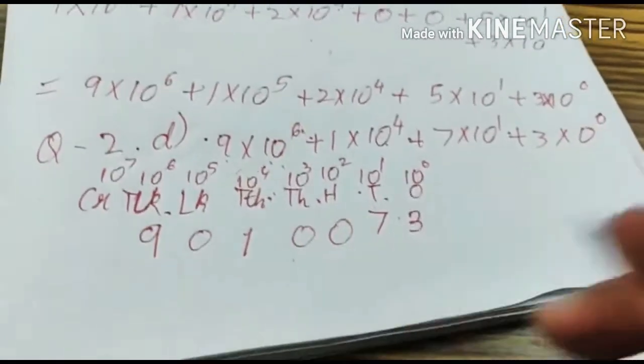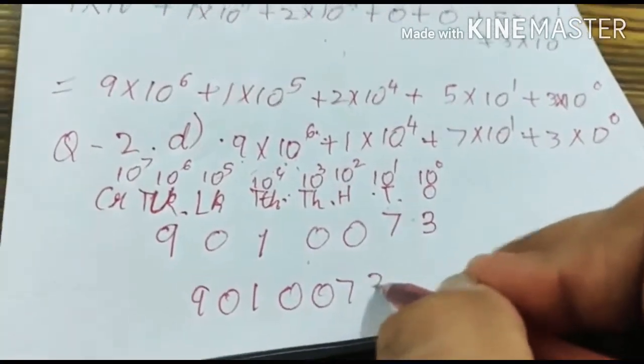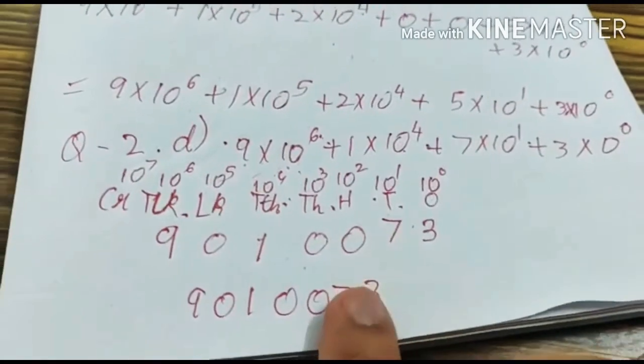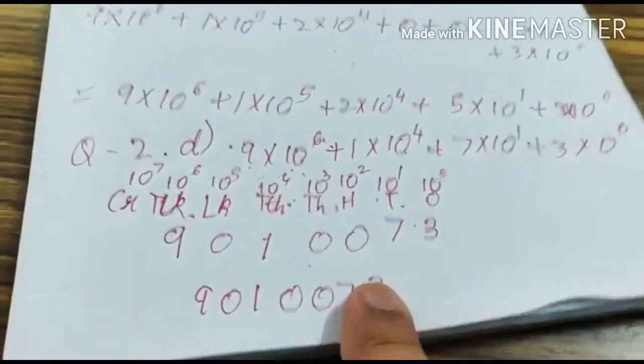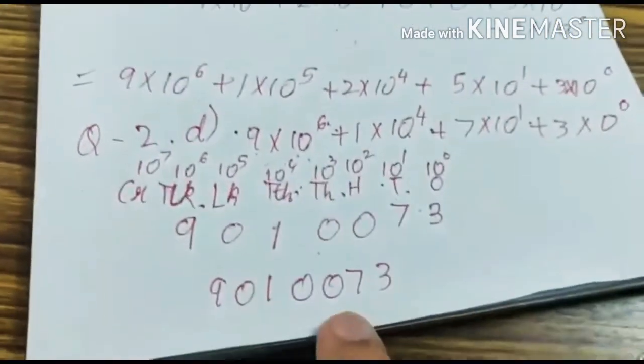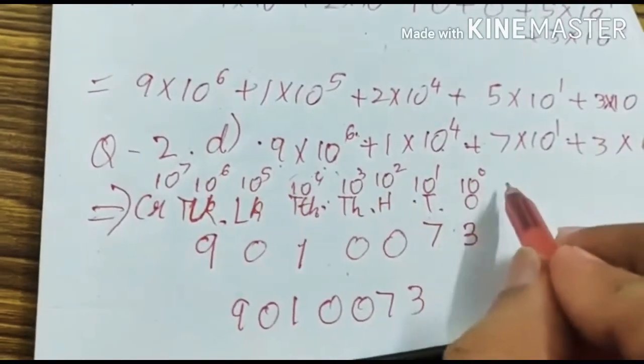So our answer becomes 90100073. This was the number from the expanded form; the earlier one was number to expanded form, and this is expanded form to number. You got this point?